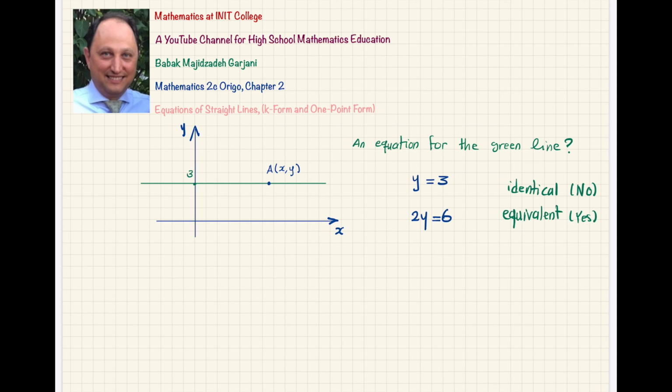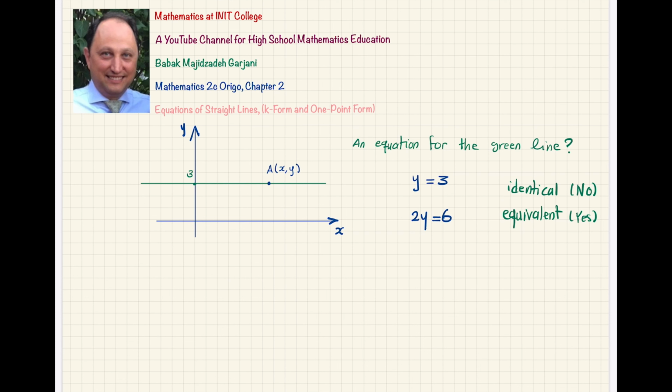So if someone says that no, I want to represent this line with this equation, that's also correct. But usually in algebra we are used to simplifying equations as much as possible. So my preference is not to stop here, but to stop there, because y equals 3 cannot be simplified more. So this is why it is not correct to say "find the equation for the green line."